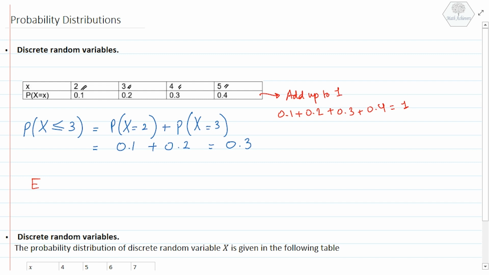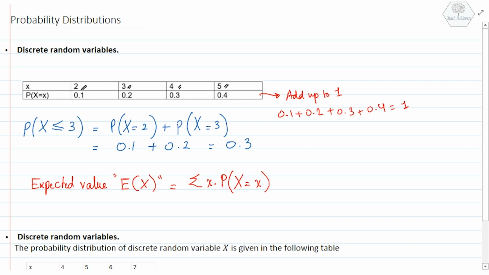The expected value, I can write it as E of x, is equal to the sum of x times the probability of x equal to x.